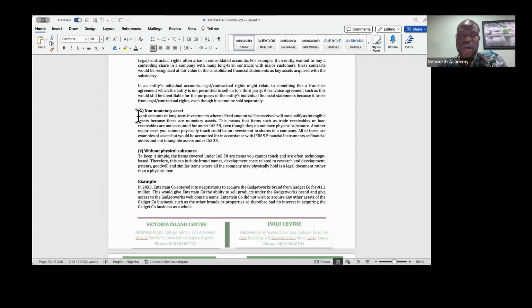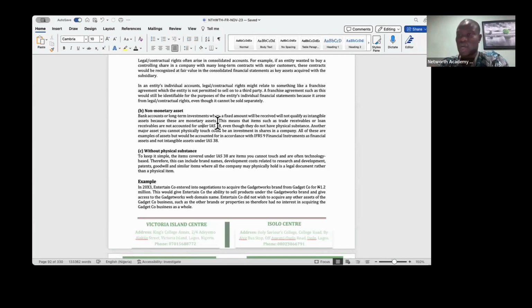You see, when you have bank or you have long-term investments where a fixed amount will be received, meaning that you know how much you are going to collect from that item. When you have trade receivables or loan receivables, you know how much you're expecting. From the money you have in your bank, you know how much you are going to get if you go to your bank today.